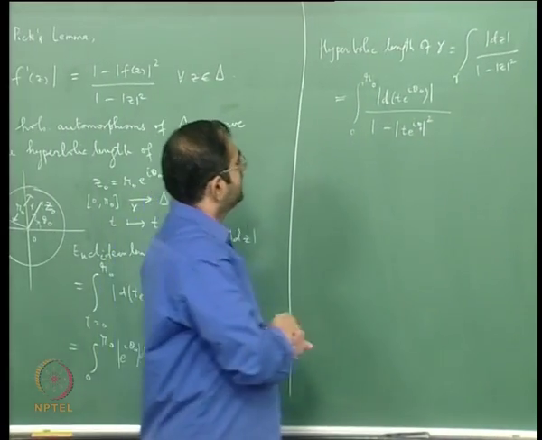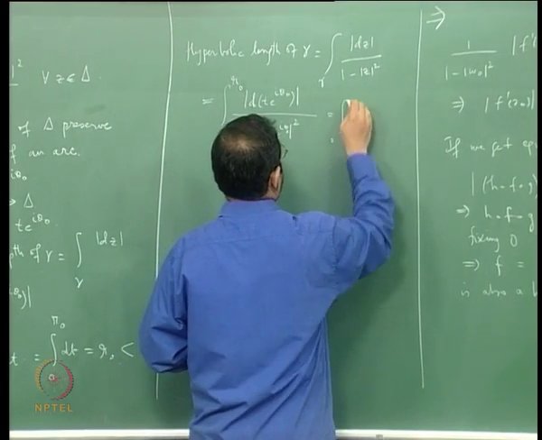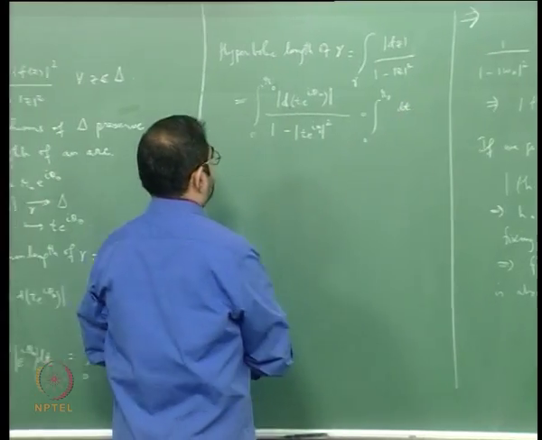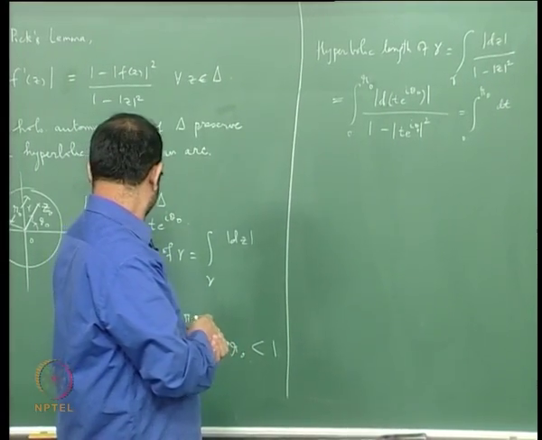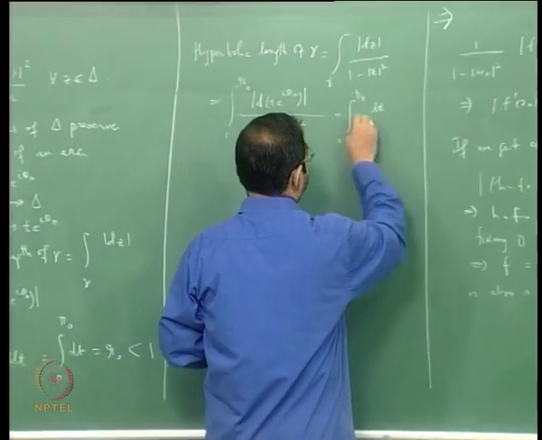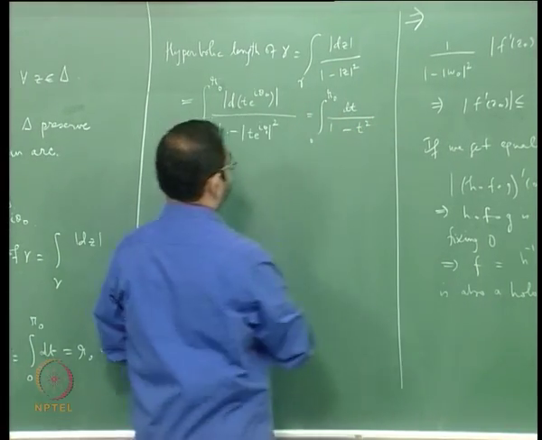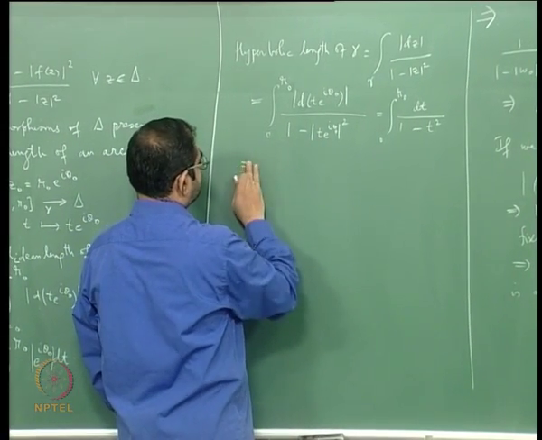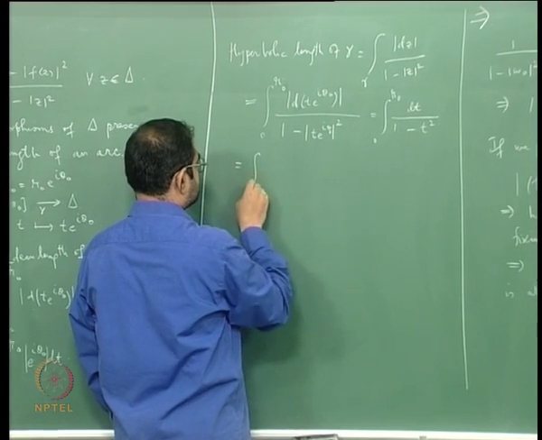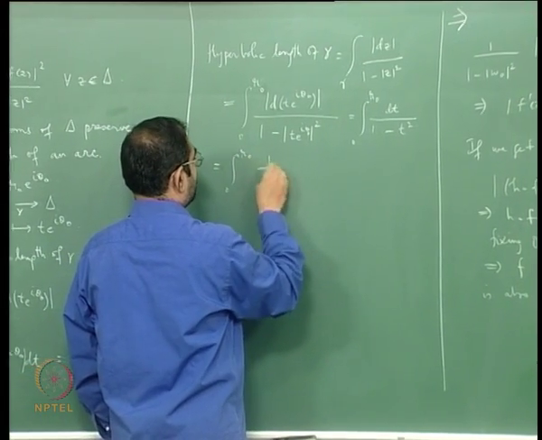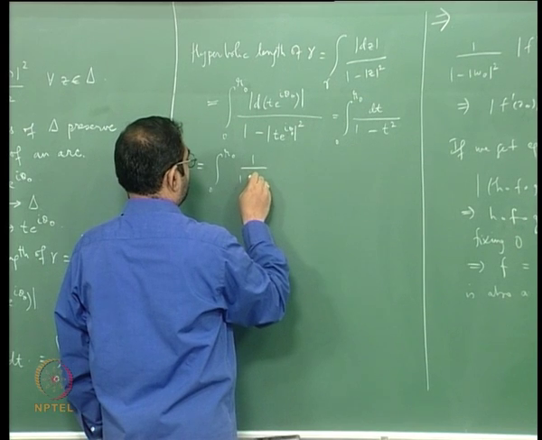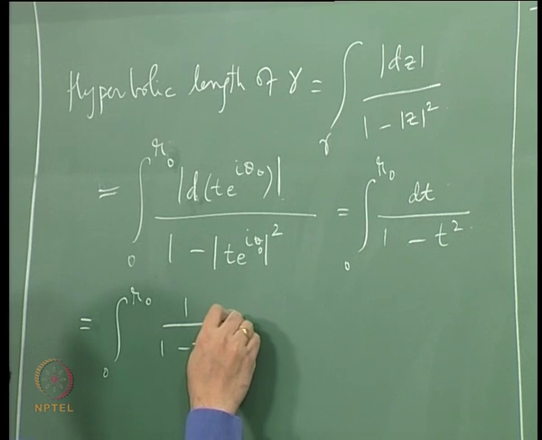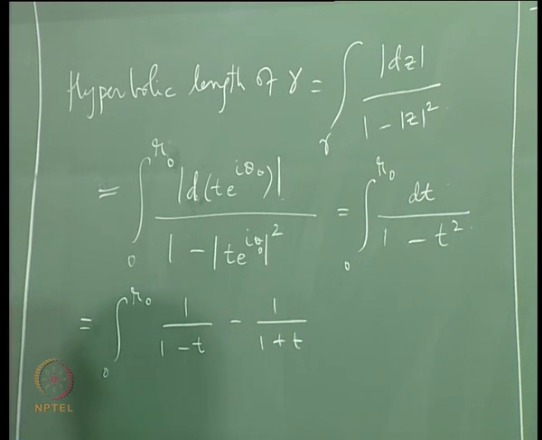As usual, the numerator gives me dt, and in the denominator I just get 1 minus t squared. And you know how to integrate this. You split it into partial fractions: it's 1 by 1 minus t minus 1 by 1 plus t, if I am not wrong.